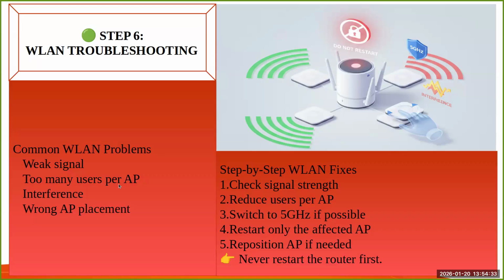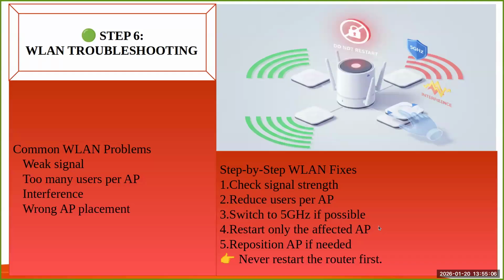If there are too many users per AP, reduce the number of people connecting to that AP, either by increasing the number of APs or by moving some people from one point to the other. For interference, you sort that by switching to 5G if possible, or you run both. Some are on 5G, some are on 2.4. Then you can restart only the affected APs.